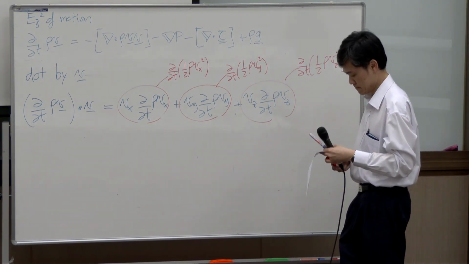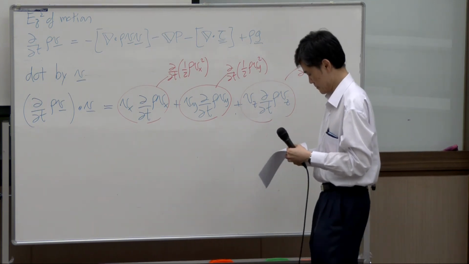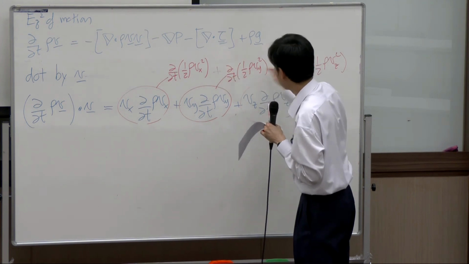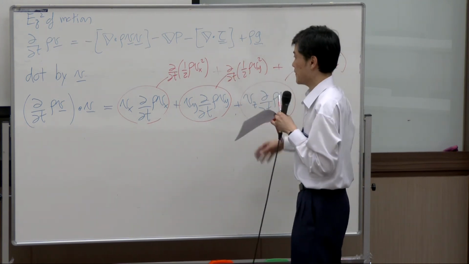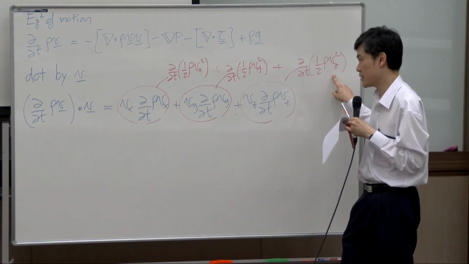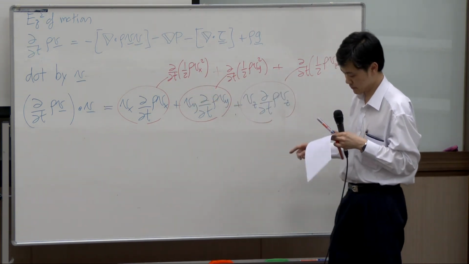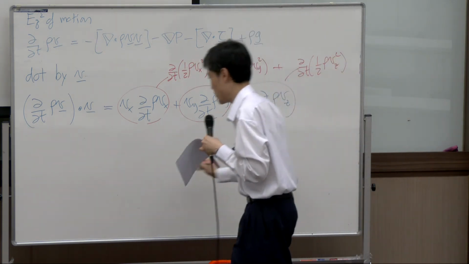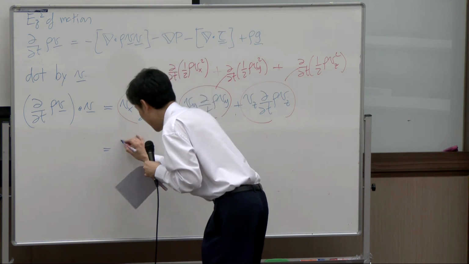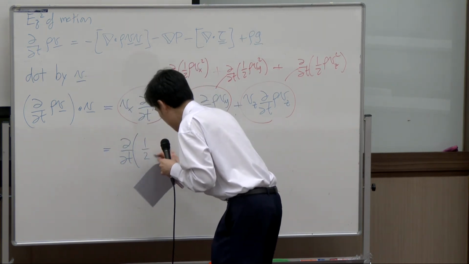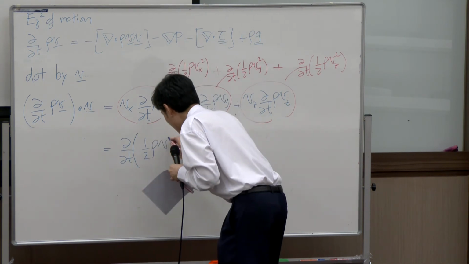All right? Add them up. Please note that Vx, Vy, Vz are all scalar. So if I combine these terms together, I end up with d by dt of 1 over 2 rho v squared.